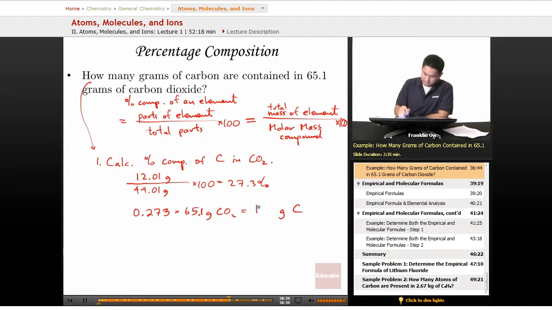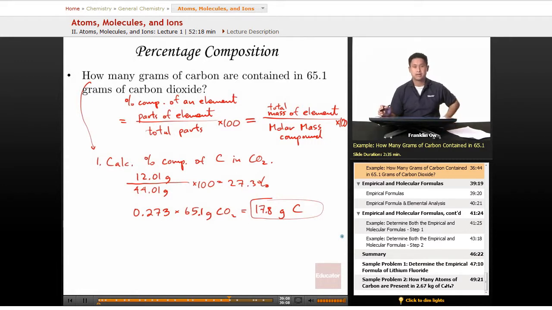And we're going to get 17.8 grams as our answer. So once again, anytime you see a problem that relates the amount of an element contained in a certain amount of compound, you want to use percentage composition as your tool.